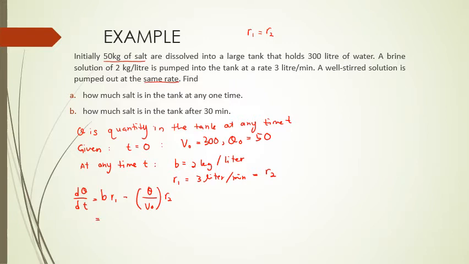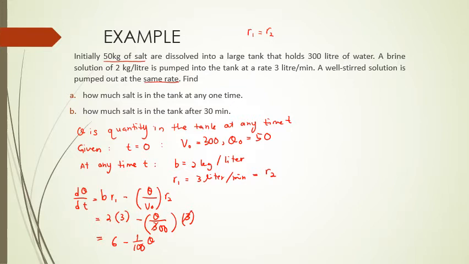B is 2, R1 is 3, minus Q. We don't know Q because we want to find it: how much salt, Q. Over V0, V0 is 300, times R2, which is 3. Simplify, so we get 6 minus, and this becomes 100, so 1 over 100 Q.